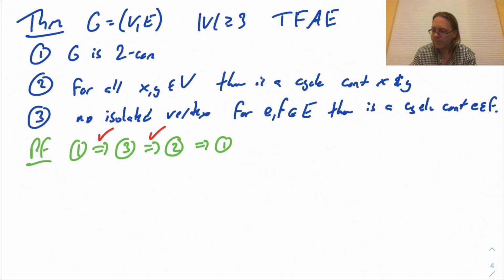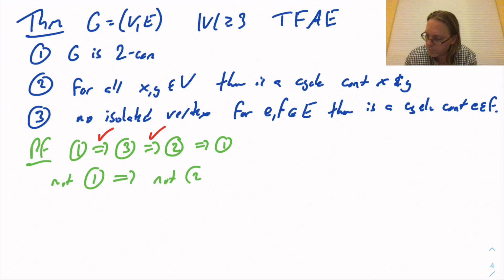I'm going to show that not 1 implies not 2. So in other words, I'm now going to give you a graph that violates condition 1. So it's not 2 connected. And I'm going to show you that this also violates property 2.